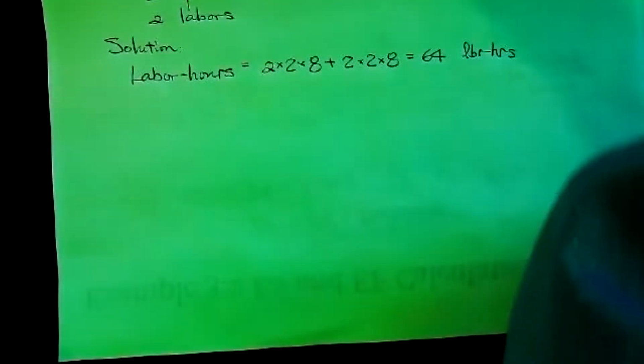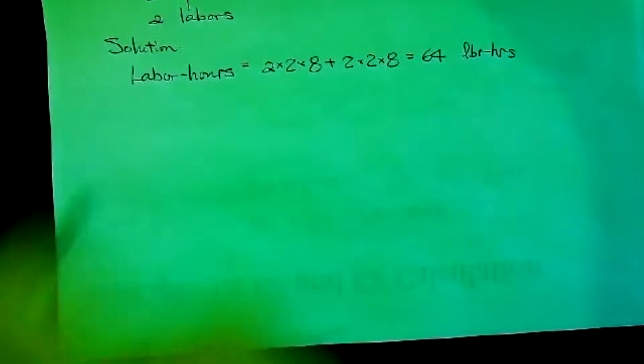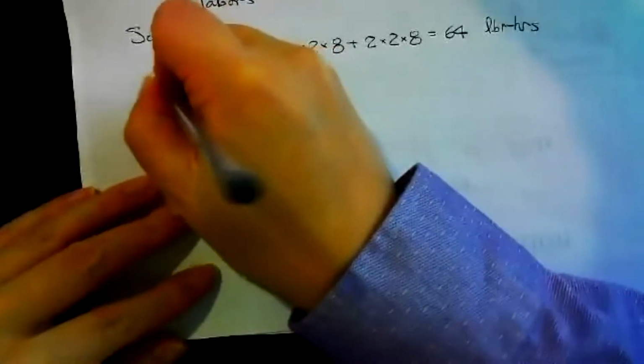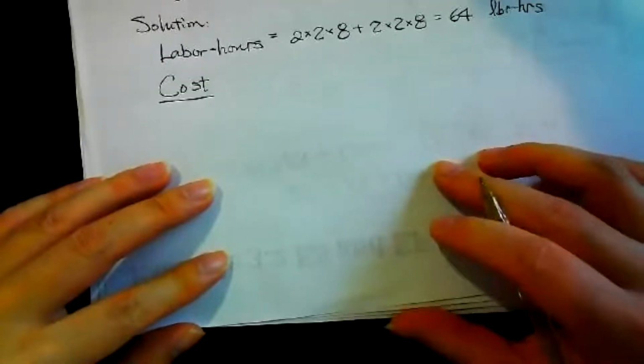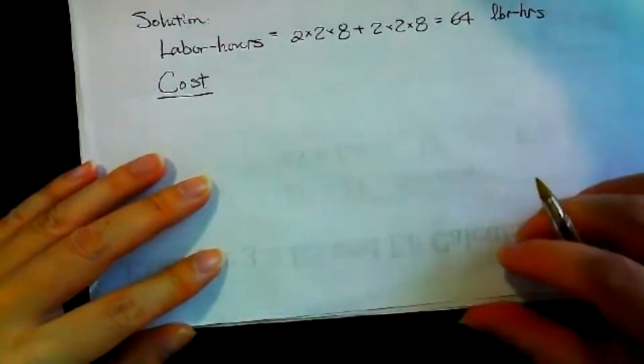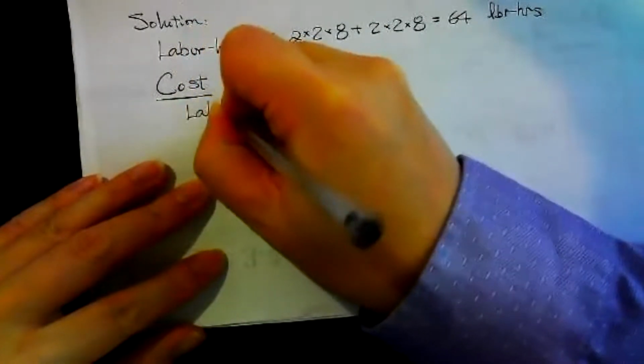So for the cost, we need to calculate the labor first, and then the equipment, and then sum it all. We got this. So first, let's do the cost calculation. Let's see the labors.